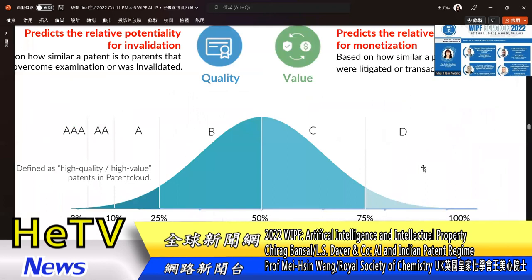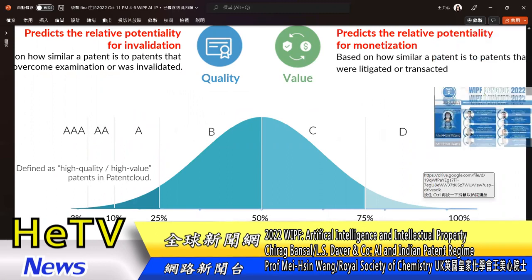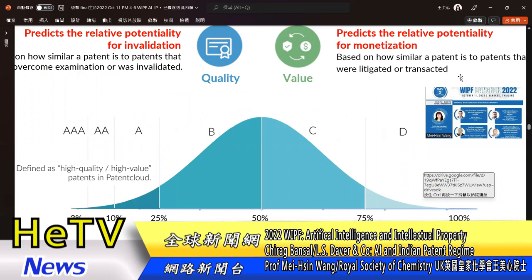And we can predict the relative potential for invalidation, because those patents with poor quality were most likely to be invalidated, and how similar a patent is to patents that overcame examination. We can also predict the relative potential for monetization, based on how similar the patent is to patents that will litigate or transact.